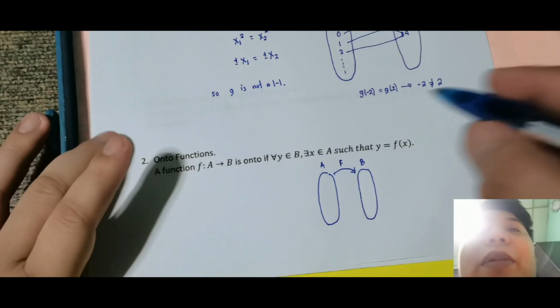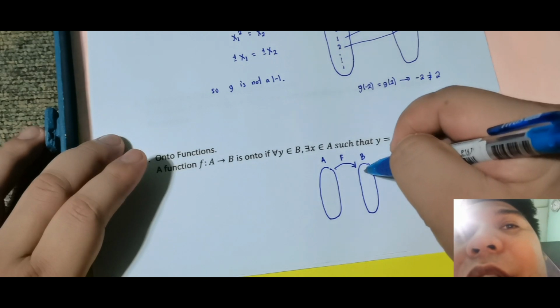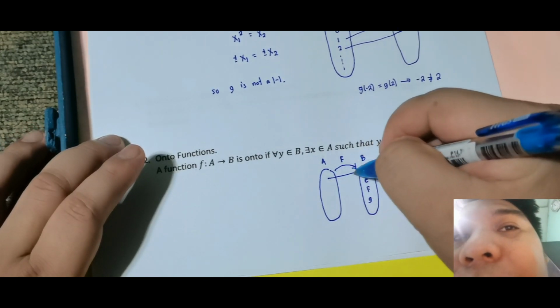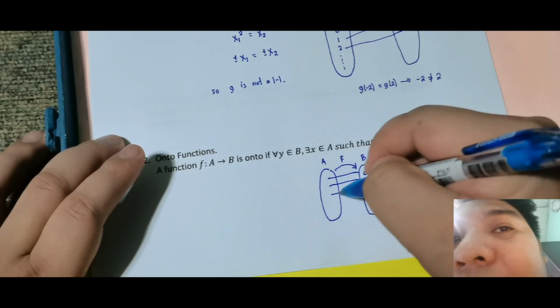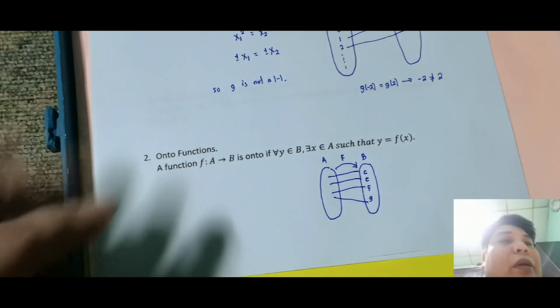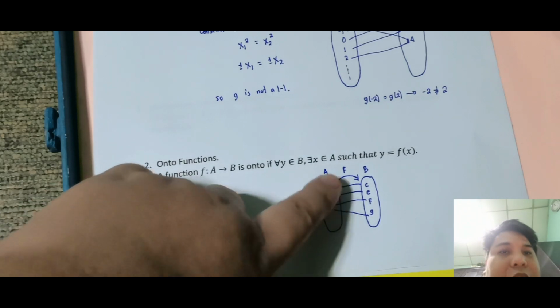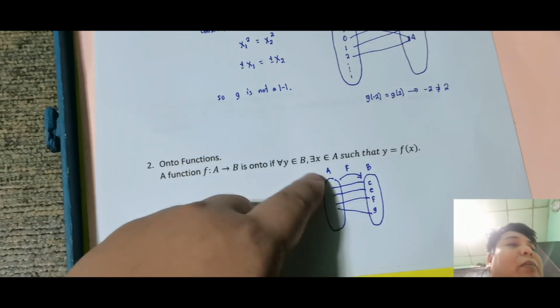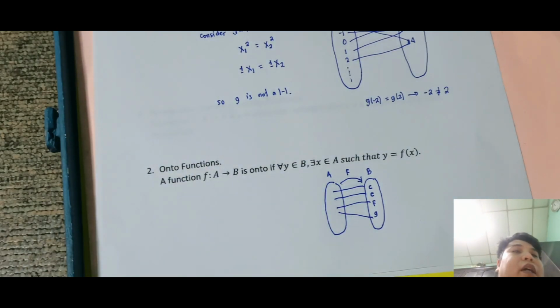Ulit ko lang. Ang concern naman ni onto, dapat lahat ng element dito, let's say C, E, F, G, may nag-e-exist. May mag-e-exist dapat na mga values ng x na kung saan sila ay nagmap.